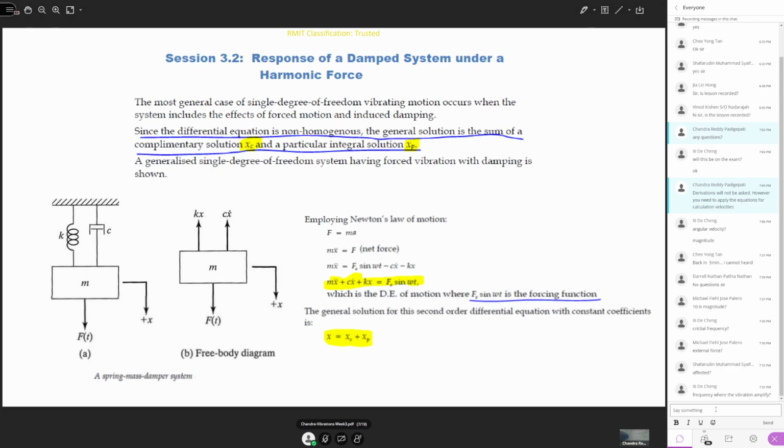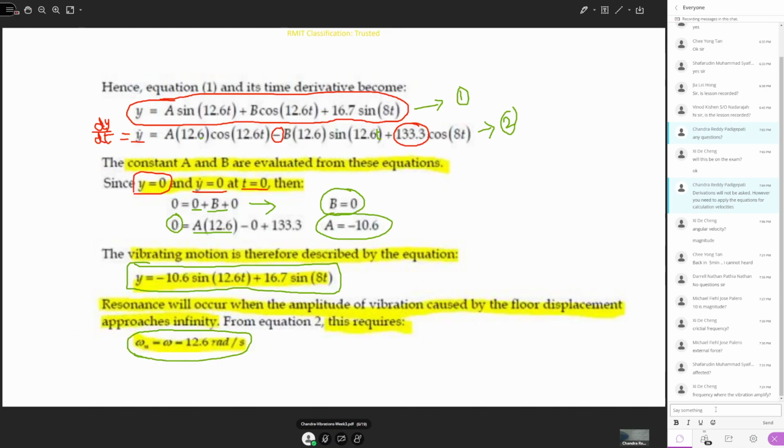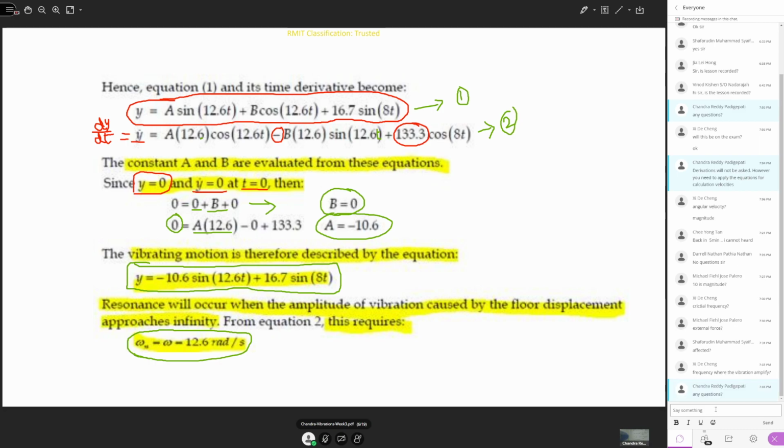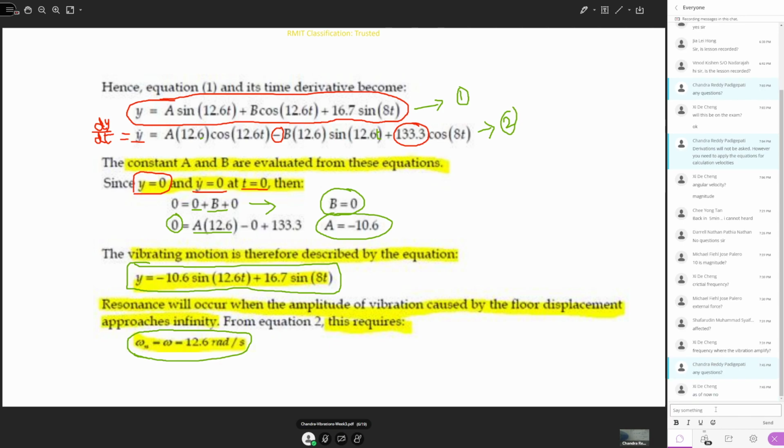All right, so this is an example for the damped and forced vibration. Any questions on this? Let me know if you have any doubts or any questions on the example, guys. How about others?